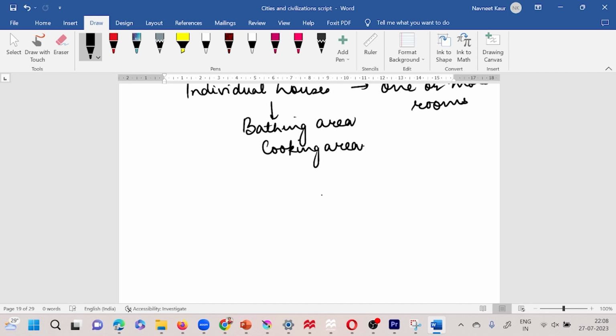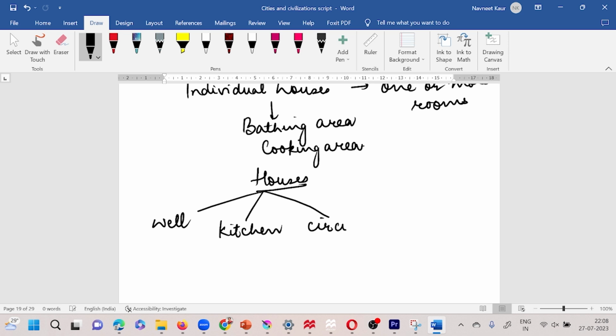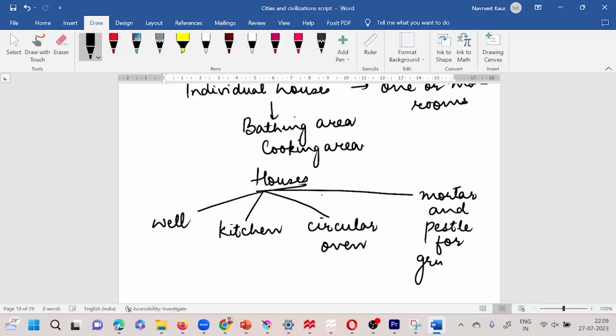And most of the houses had a well, they had a kitchen, they had a circular oven and mortar and pestle for grinding spices.